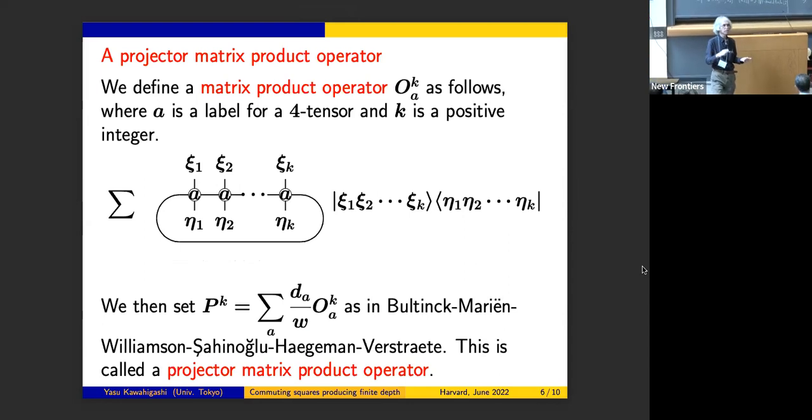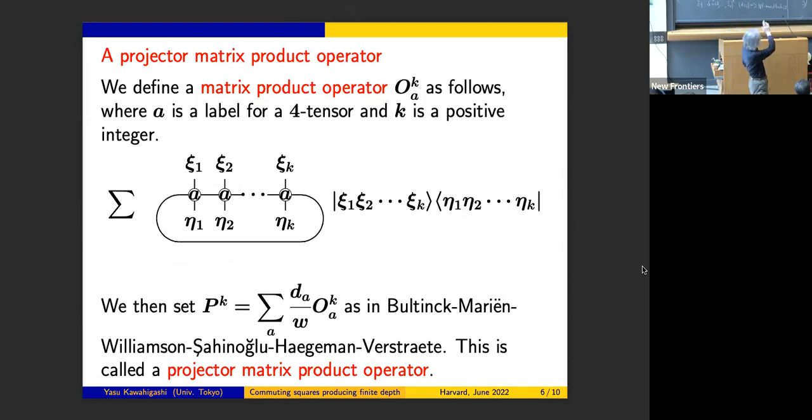It means we use just one kind of 4 tensor. We have K circles, so the number of 4 tensors is K. And then for the top edges, we label them as C1, C2, and so on up to CK. And for the bottom wires, we label them eta 1, eta 2, up to eta K.